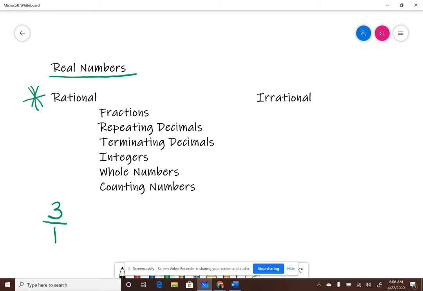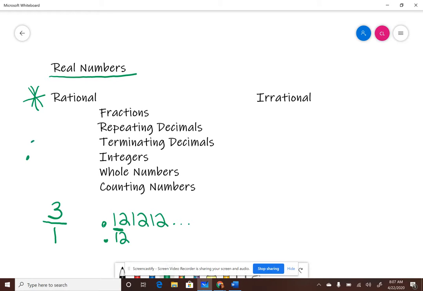Okay? Now, decimals, it does get a little tricky with decimals, but any repeating decimal or terminating decimal is considered rational. So a repeating decimal will be something that has like 1, 2, 1, 2, 1, 2, dot, dot, dot. So I could technically write that as 1, 2 with a bar, and that would make it rational. A terminating decimal, that's easy to see that it's rational.